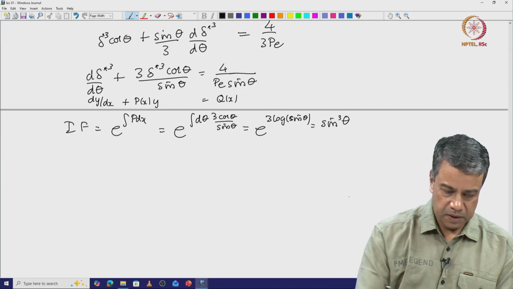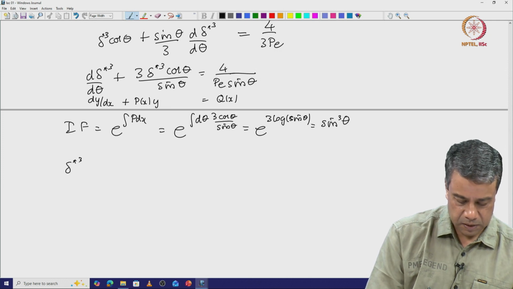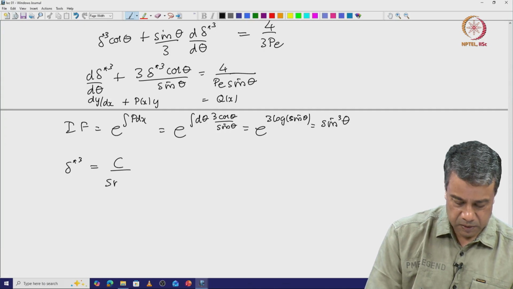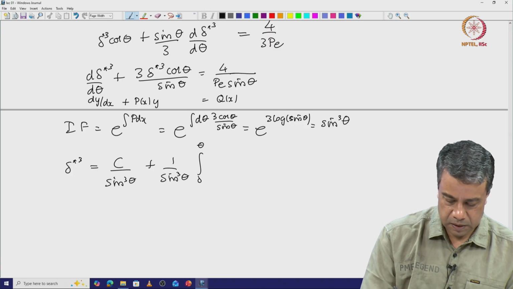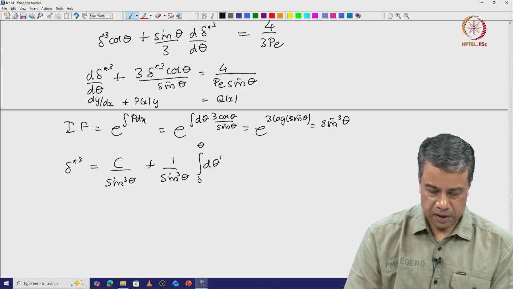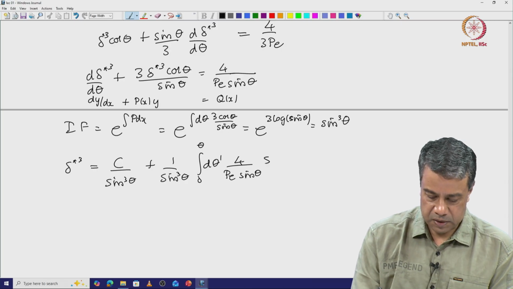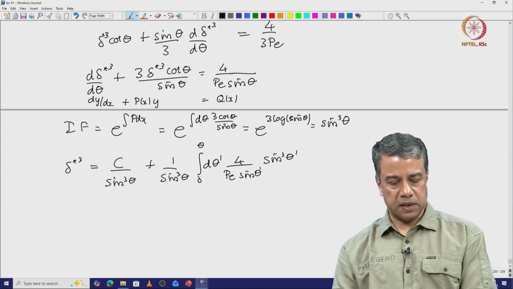Therefore, delta cubed is equal to some constant c by sin cubed theta plus 1 by sin cubed theta integral 0 to theta d theta prime times q, which is 4 by Pe sin theta prime into sin cubed theta prime. In the integral, it should all be theta prime.